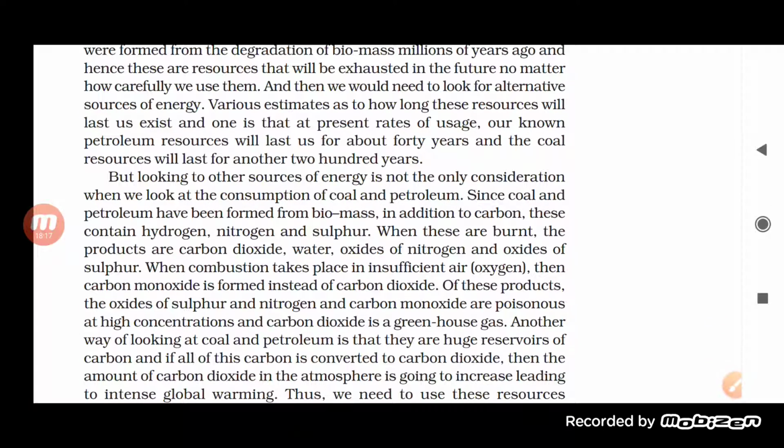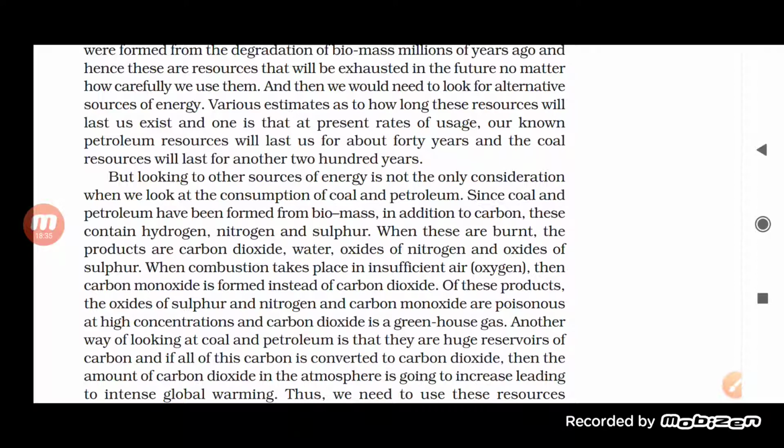Now see here, there are various estimates of how long these resources will last at the present rate of usage. Our known petroleum resources will last us for about 40 years, and coal will last for another 200 years.